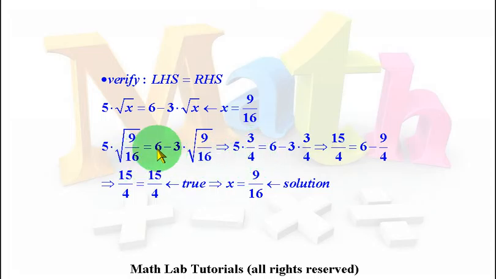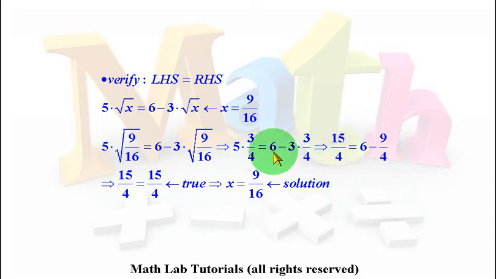And on the right, we get 6 minus 3 dot 3/4. So on the left, we get 5 dot 3/4. If we continue simplifying, on the left, we get 5 dot 3, which is 15 over 4.